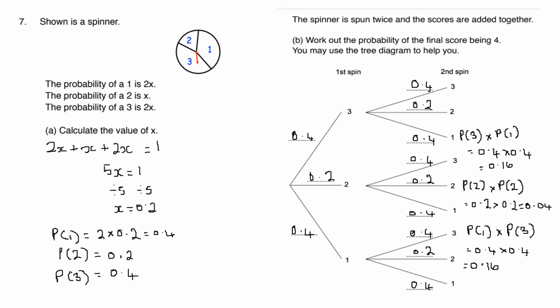So when I'm doing the OR rule, I'm going to add. So the probability of the final score being a 4 is going to be 0.16 plus 0.04 plus 0.16, and that will give me 0.36.